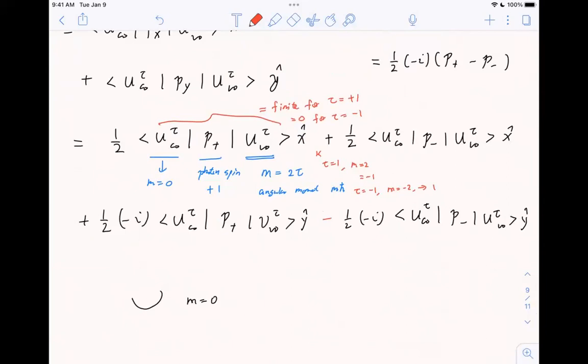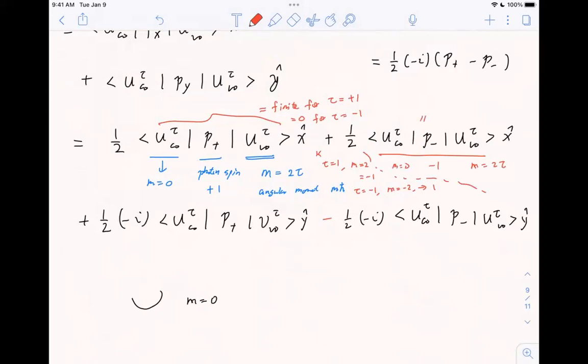So we quickly go to the other term. This one is the same as this one, but this spin is negative. So m will still be 2 pi, this is m equal to 0.